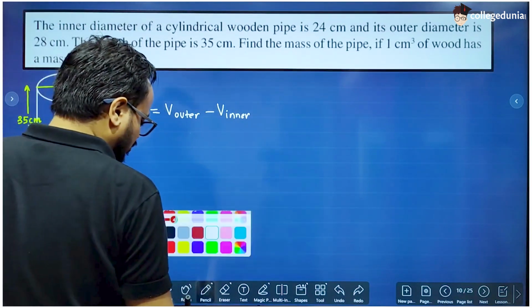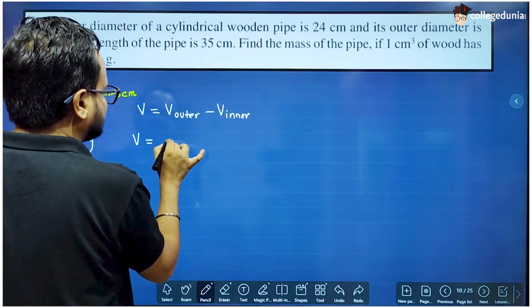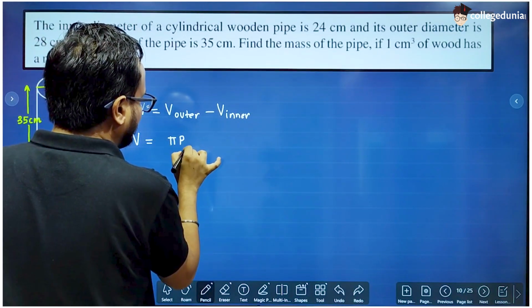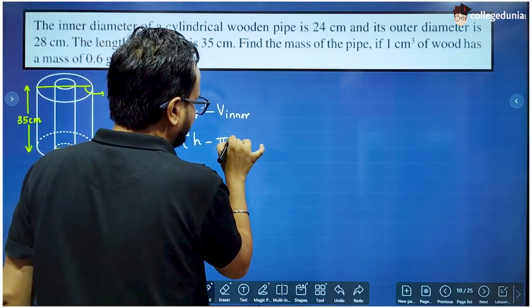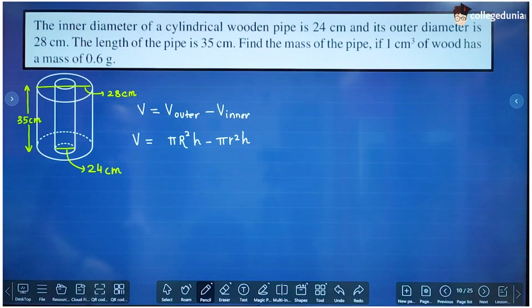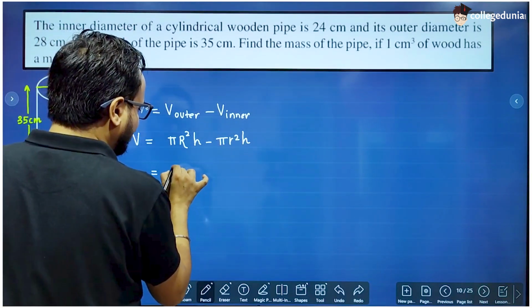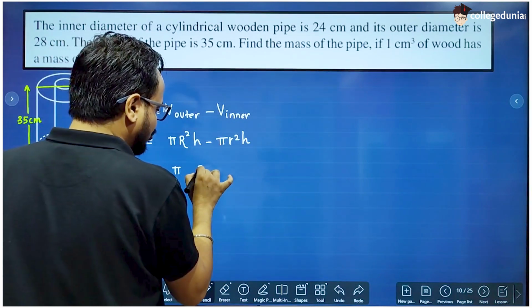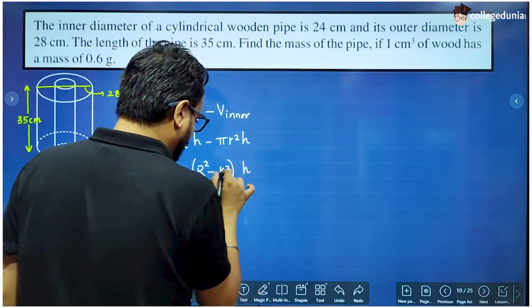So volume of the outer region is pi, let's take the outer radius as capital R, h, minus let's take the inner radius as small r, and h is common in inner and outer cylinder. Height is same, so pi is common, R square minus r square, and h is also common.